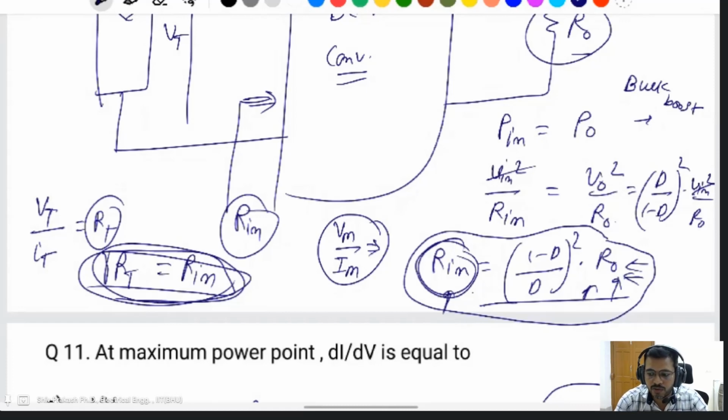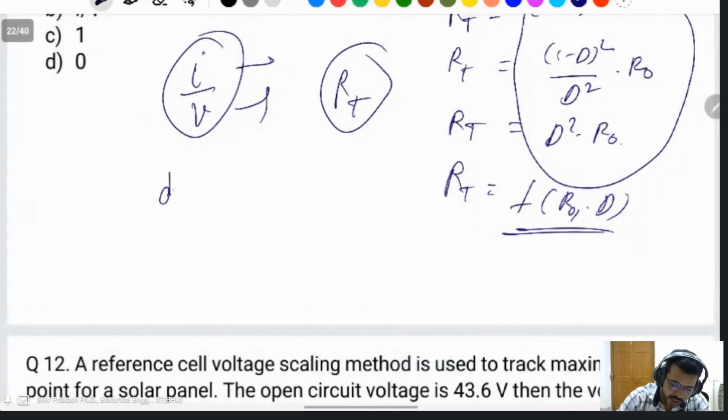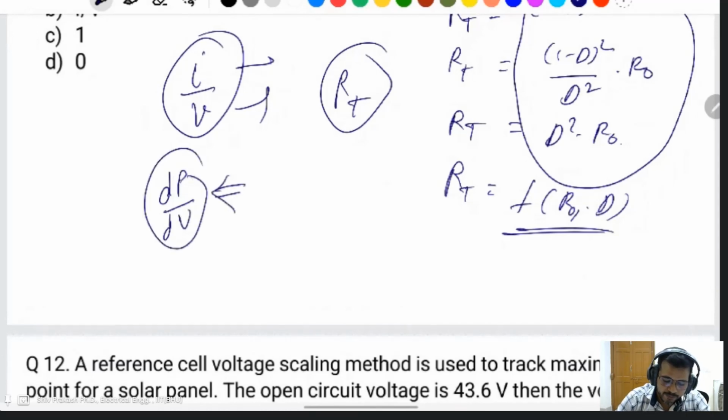The microcontroller senses the input voltage and output voltage. After that, calculate the power only, not the maximum power. Then, from the power and voltage, calculate dP by dV. If this is greater than 0, it means our point is on the left-hand side.